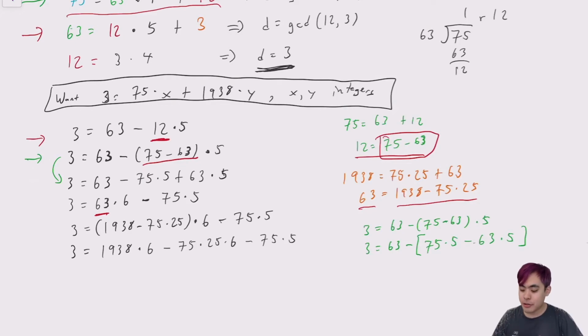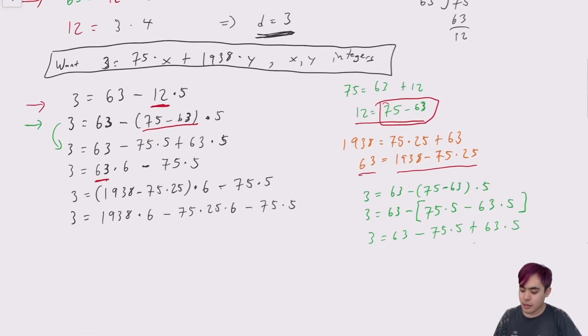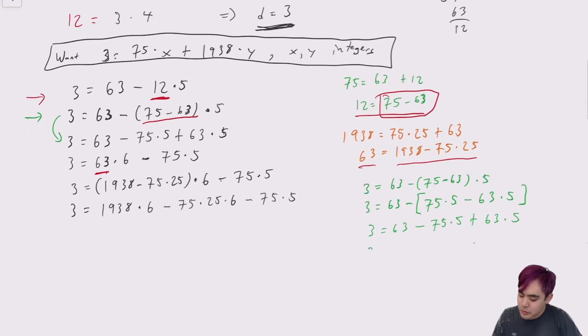And then we distribute out the minus sign, so then 3 is equal to 63 minus 75 times 5 plus 63 times 5, right? And then what we can do is you can rearrange. This is 63 plus 63 times 5 minus 75 times 5. And then you can use the distributive property again and then factor out.